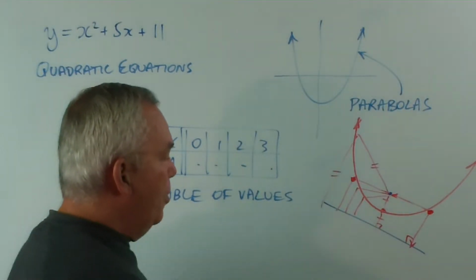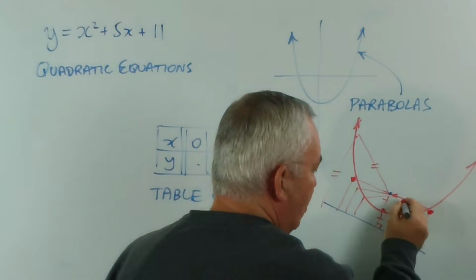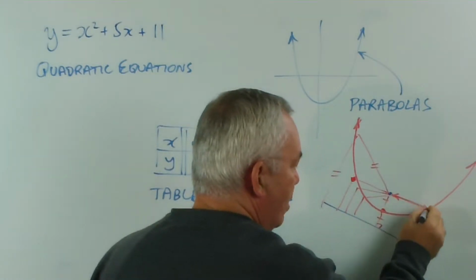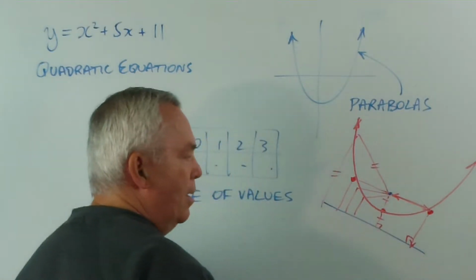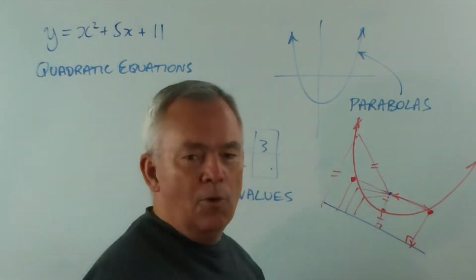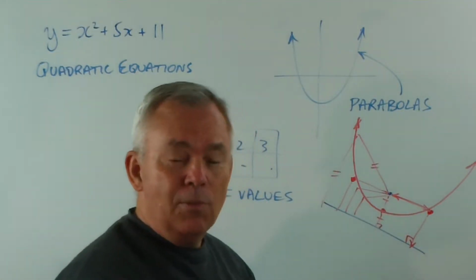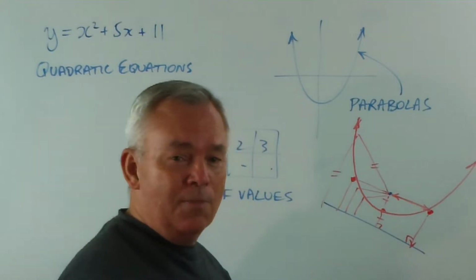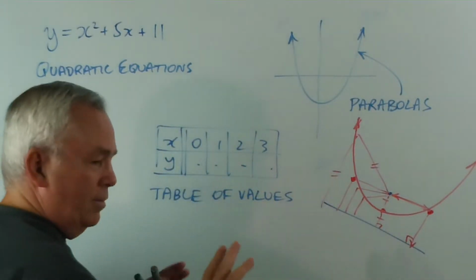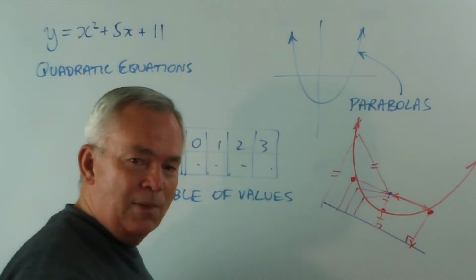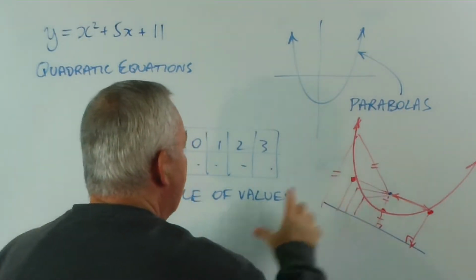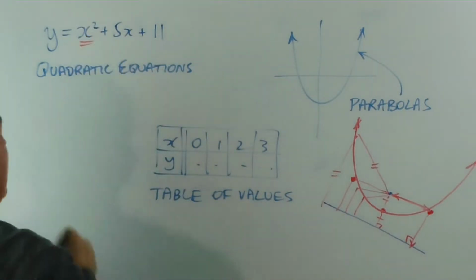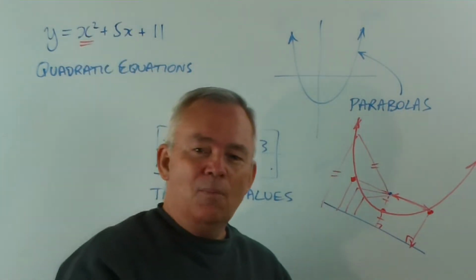Because it's using a distance formula all the time, a distance of a point from here and a distance from here, you might recall that the distance formula is based on Pythagoras' theorem, which is based on square numbers. You just have to trust me at the moment, a later video will show why, but it's why the equations for these curves end up having squares in them, because the squares make the bend.